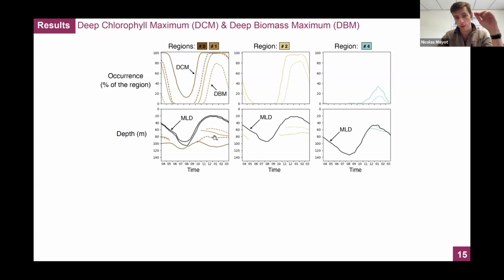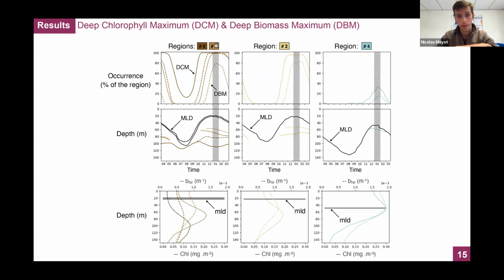We have a DBM which is occurring shallower than the DCM. And also there's a clear difference between the mixed layer depth and these features for the subtropical region, compared to the polar region, where the mixed layer depth and the DCM and DBM are really closely related.